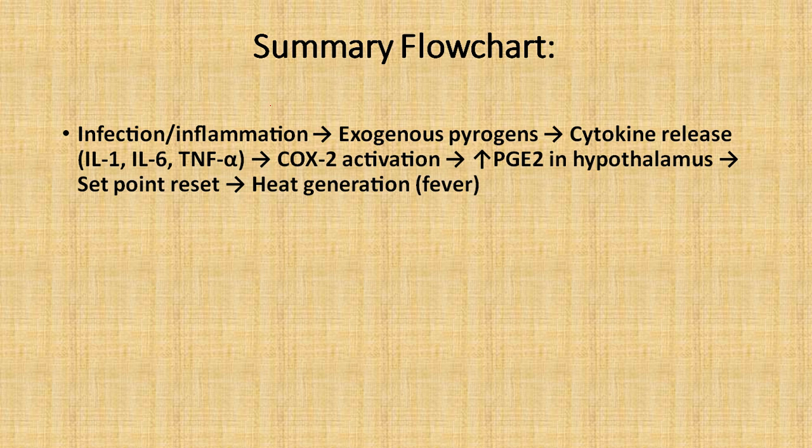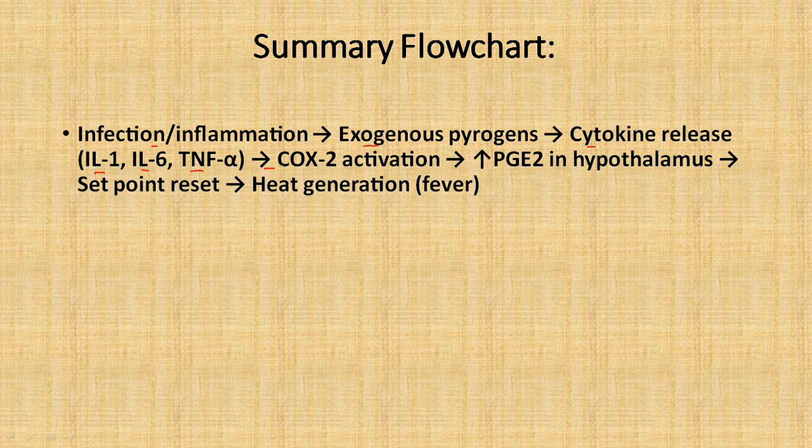So in summary, infection or inflammation from exogenous pyrogens will result in cytokine release such as interleukin 1, interleukin 6, and tumor necrosis factor alpha, which are endogenous pyrogens.